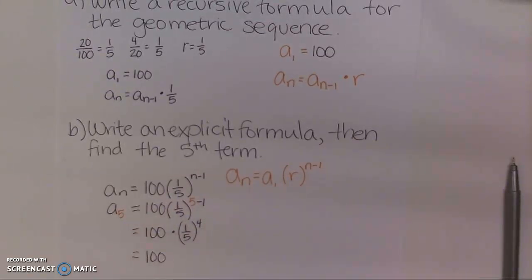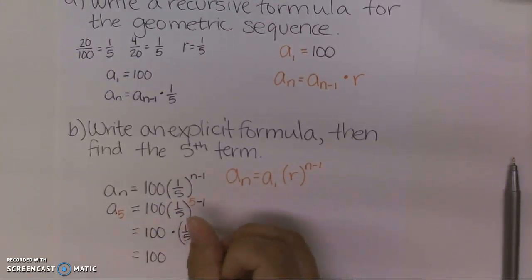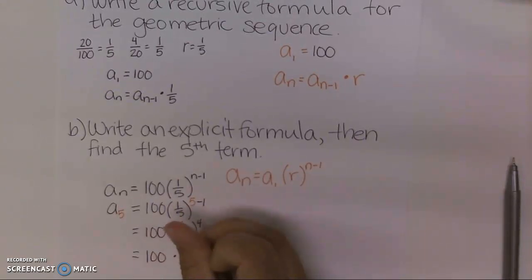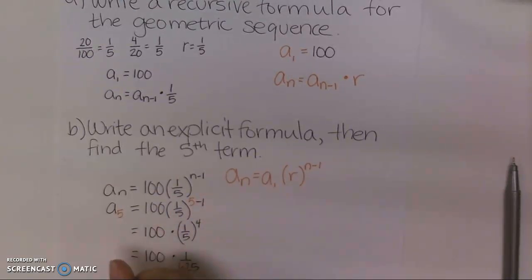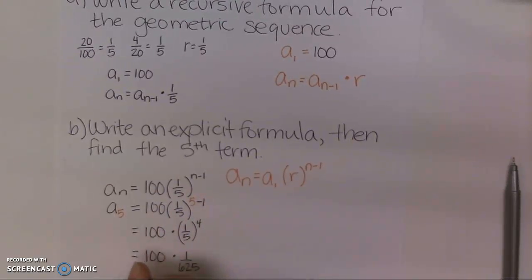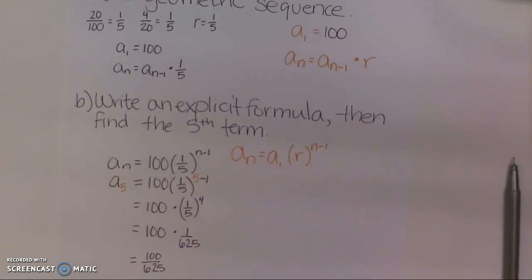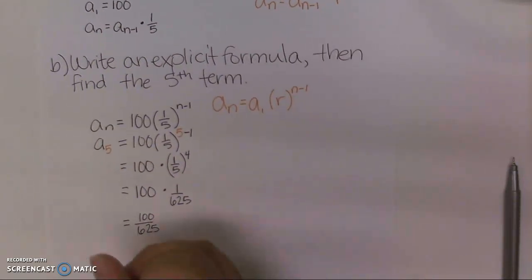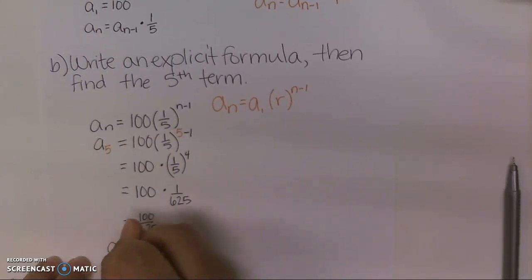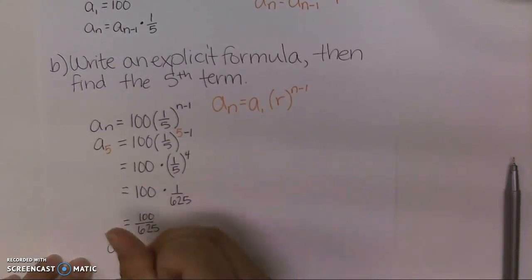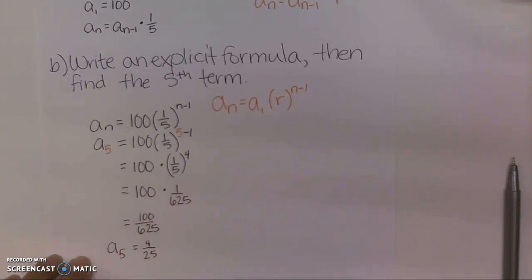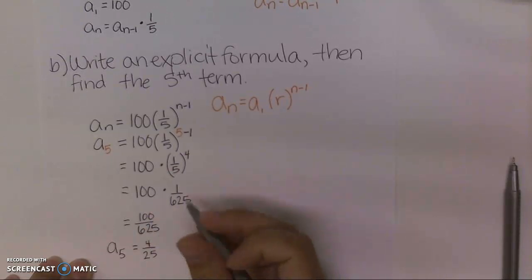I don't have a calculator handy, so I'm just going to do it by hand. So 1 to the 4th is 1, and 5 to the 4th is 625. So this would equal 100 over 625, and I can reduce that. So a sub 5 equals, divide top and bottom by 25, and you get 4 over 25. So my fifth term in this sequence is 4 over 25.